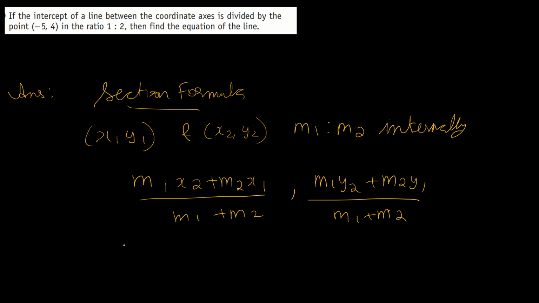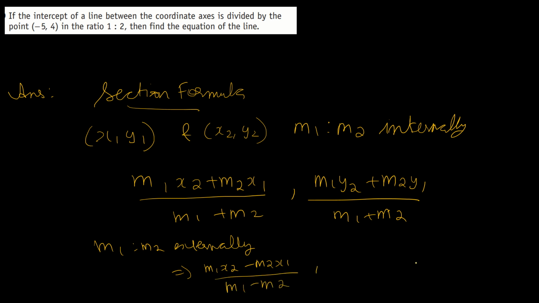If you want to find the coordinates of a point which divides the join of x1 y1 and x2 y2 in the ratio m1 is to m2 externally, in that case the formula will be m1 x2 minus m2 x1 by m1 minus m2, comma, m1 y2 minus m2 y1 by m1 minus m2.